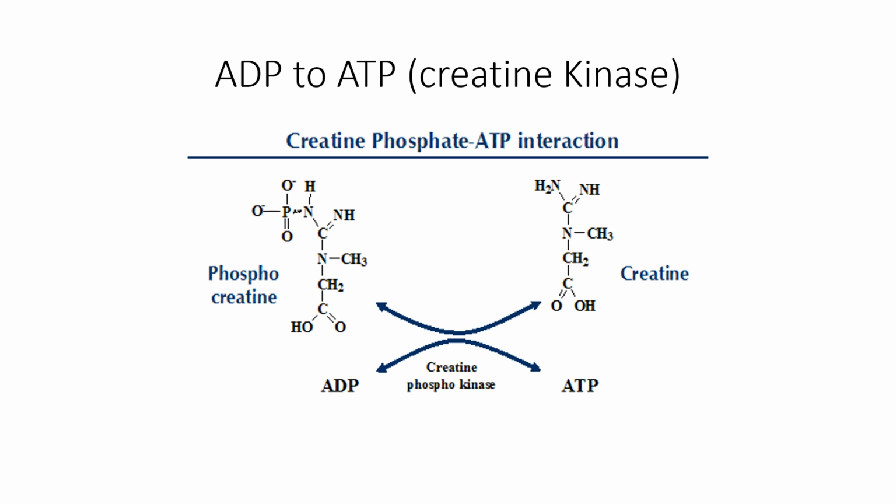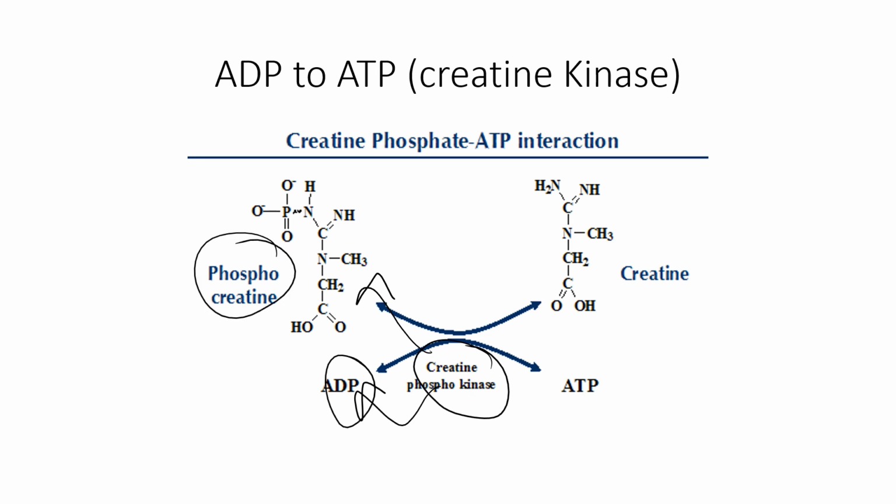And now the next question is, what is creatine kinase going to start to do? Creatine kinase, what it does as an enzyme is its reactants are two things, phosphocreatine and ADP. So the reactants for creatine kinase are phosphocreatine and ADP. First of all, what's phosphocreatine? It's two things. It has a creatine group and a phosphate group.